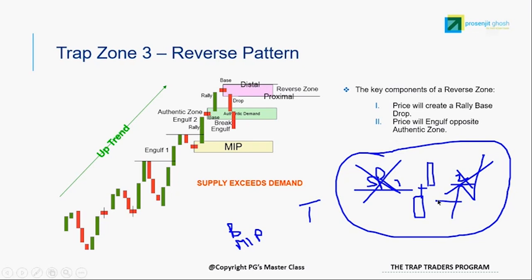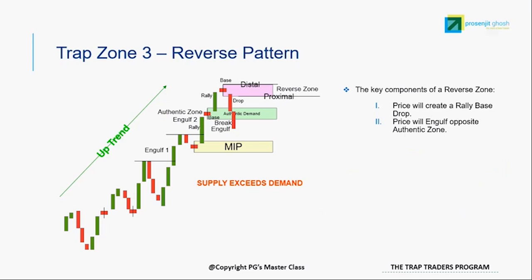Okay, that is the most important thing here. You will not have any SR. It is only a simple authentic demand zone or supply zone getting engulfed that will tell you that the reverse zone is formed, and next thing you should be shorting if it is a supply reverse zone.